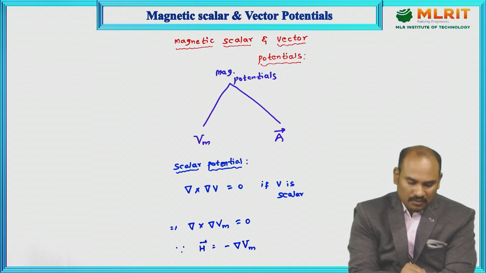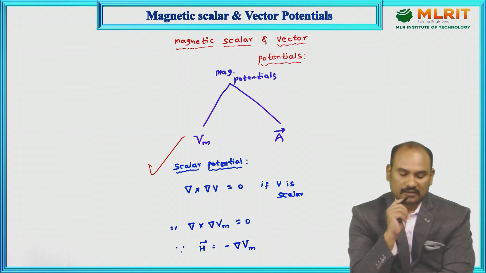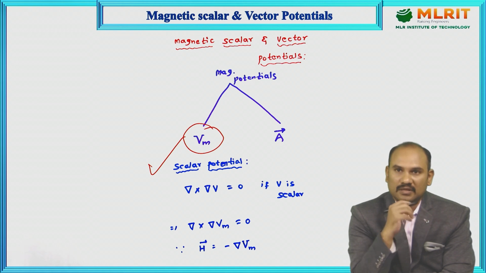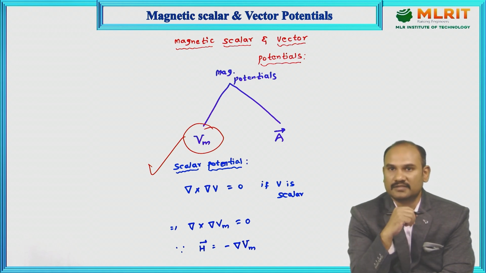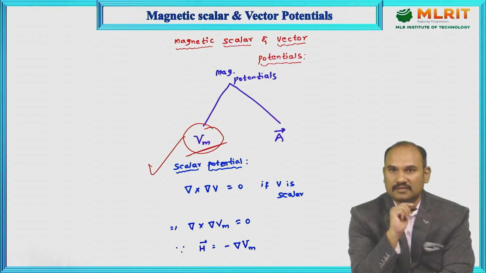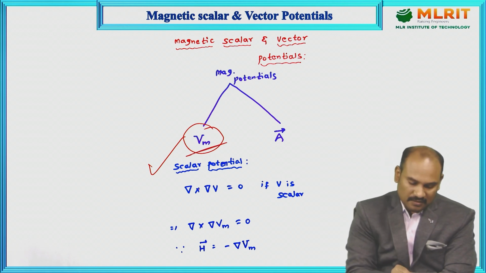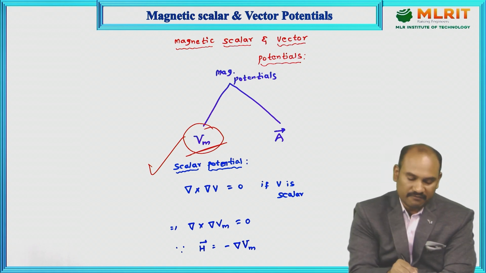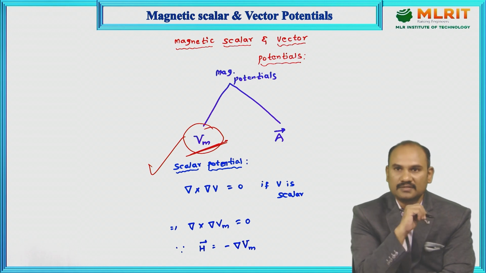Now let us try to understand scalar magnetic potential. I am saying Vm is scalar magnetic potential, but just by saying it, it will not become a scalar magnetic potential. It has to satisfy some identities. We have a powerful identity for scalars. If a quantity is really a scalar, then it must satisfy a condition. Because we are dealing with scalar potential first, I am taking the scalar condition.